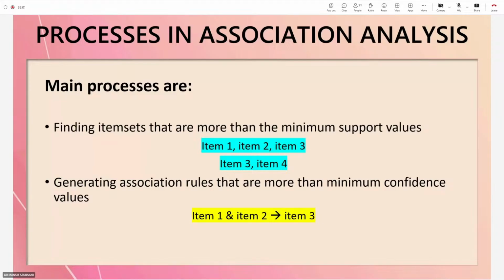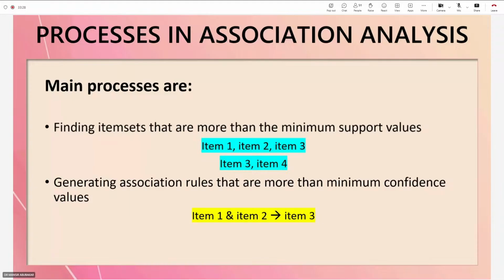You can see the arrow here indicating the implication. Once item 1 and item 2 are bought, for example milk and Milo, it implies that maybe a customer will buy roti canai, for example, or bread. So item 1 and 2 implies item 3.